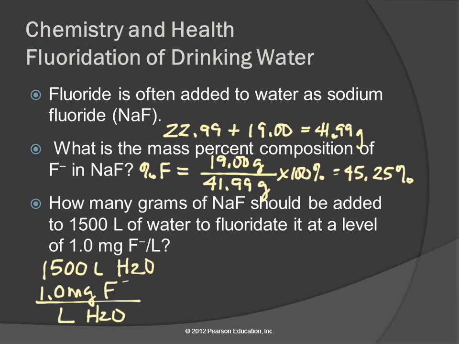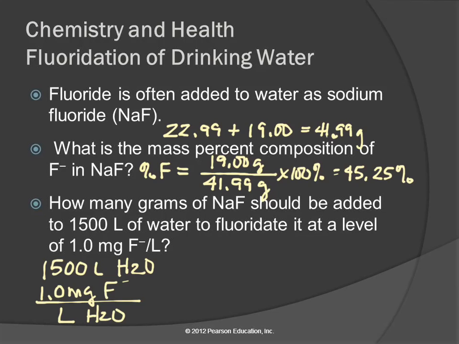One I'm going to start with, and one is going to be the conversion factor. Which one is the conversion factor? The one that has "per" in it, that has 2 units. Milligrams of fluoride per liter of water. That's a relationship, that's a conversion factor.